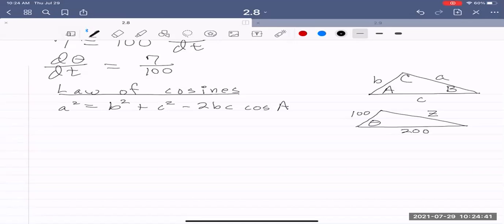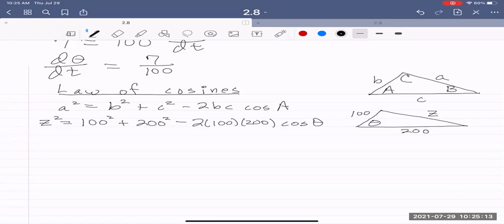And so I have that z squared is equal to 100 squared plus 200 squared minus 2 times 100 times 200 cosine theta.